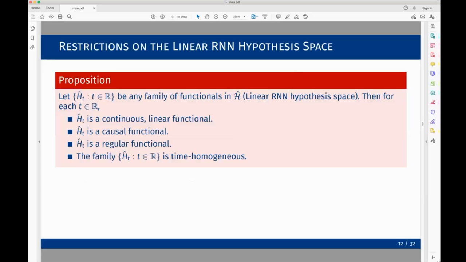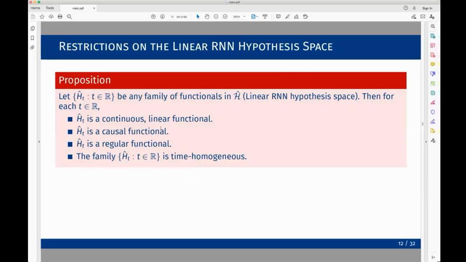If H hat T is a family of functionals in our linear RNN hypothesis space, then we can easily prove that H hat star is a continuous, linear functional. This is determined by our linear RNN structure, and H hat star is a causal functional.